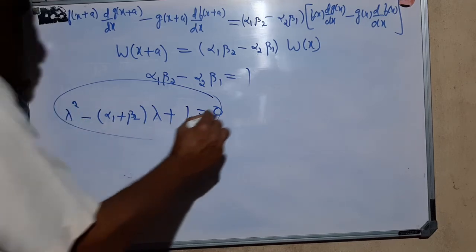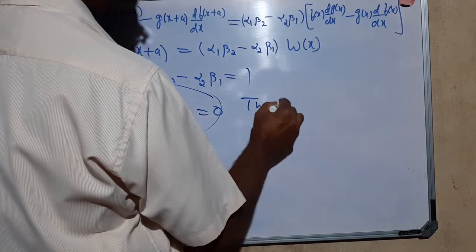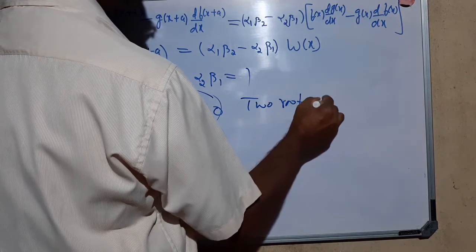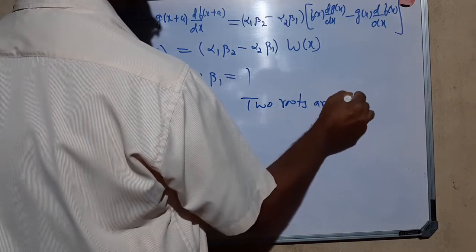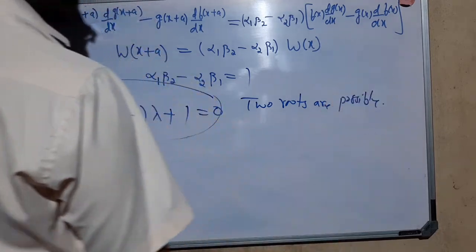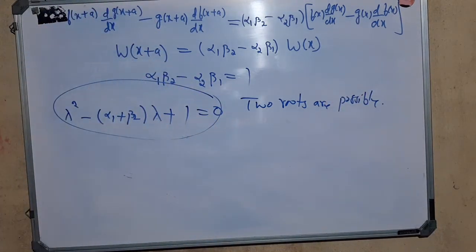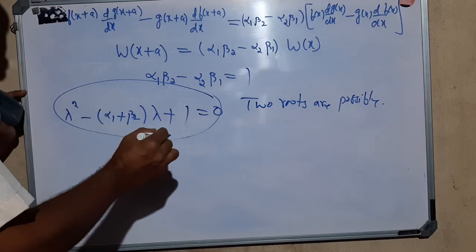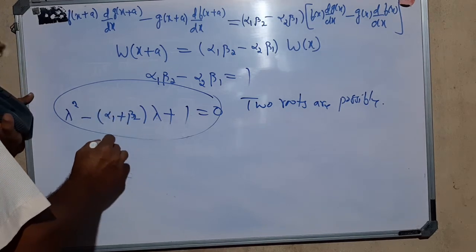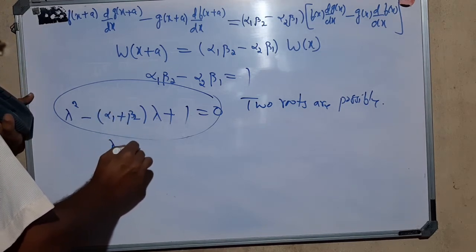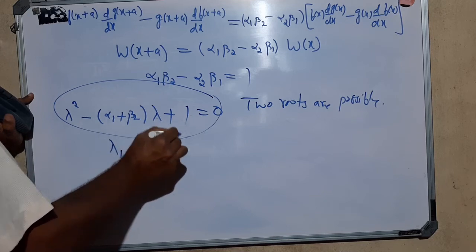That means two roots are possible. So, let us take the solutions of this equation, that is, roots are lambda 1 and lambda 2.